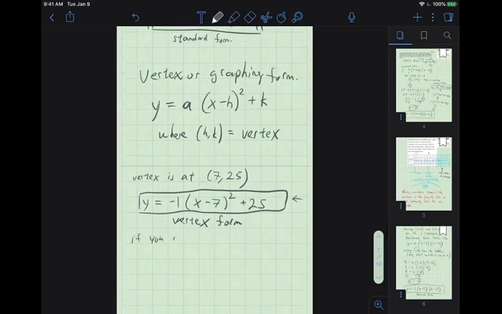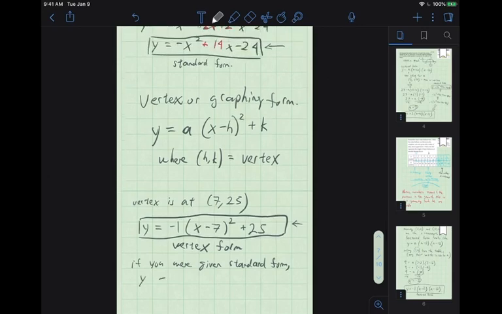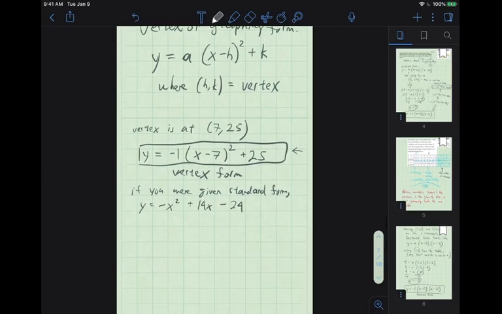If you were given standard form, y equals negative x squared plus 14x minus 24, we want to change it into a different one.